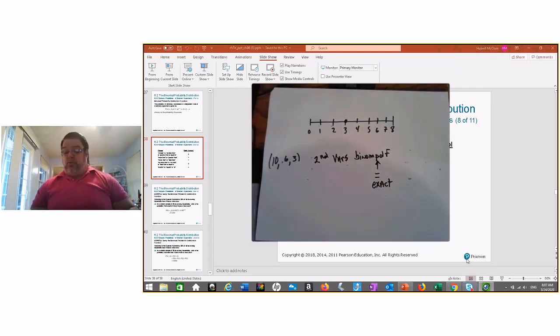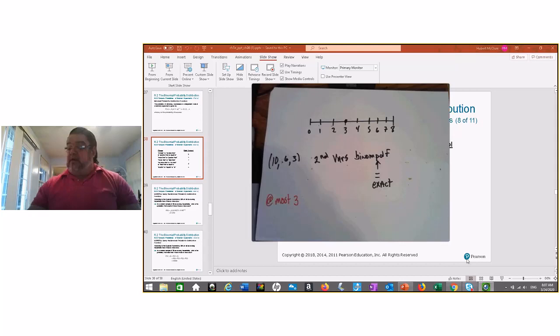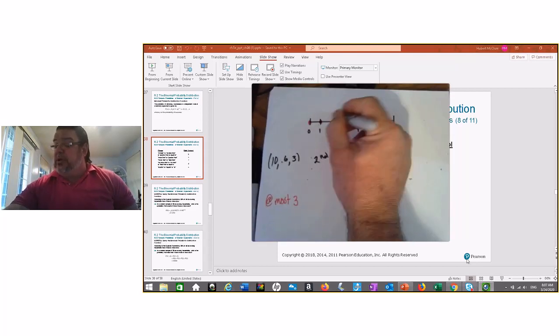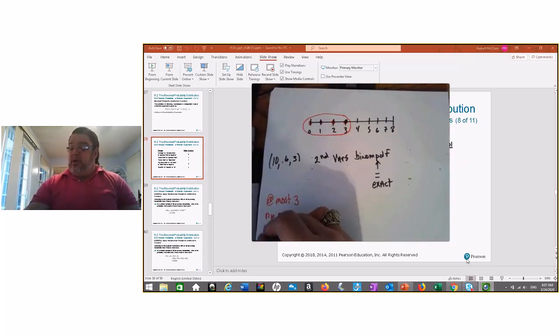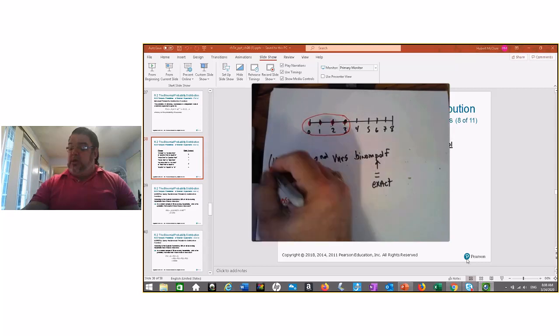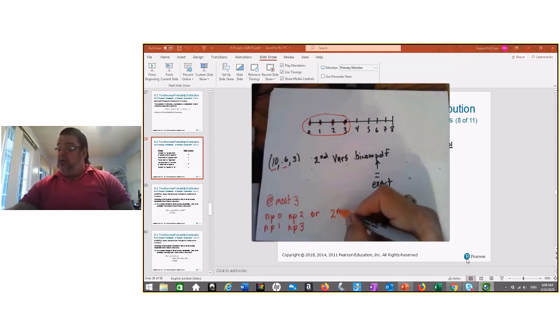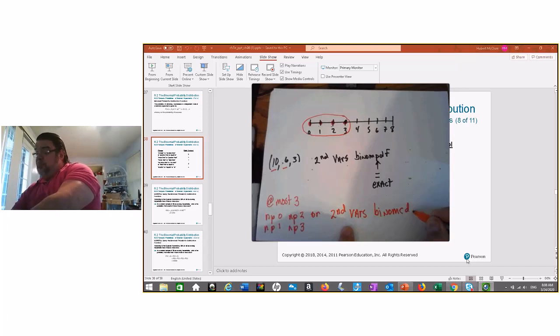If it is one of the inequalities, if I give you at most 3, then that means 3 is the highest number, which means I want all of these, so I've got to do NP0, NP1, NP2, and NP3 based on this N and this P, and then add all those together, or I can do second bars, binomial CDF.